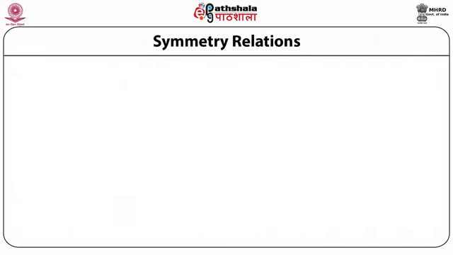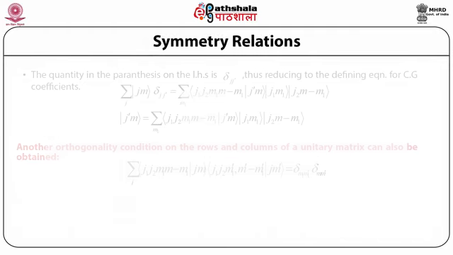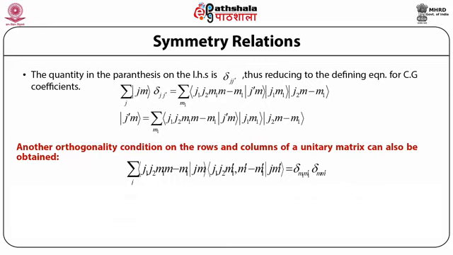Symmetry relations. Now, if we look at the quantity within the bracket on the left hand side, we realize that it is simply the delta operator δ_JJ', and thus the equation reduces to the defining equation for the Clebsch-Gordan coefficients.